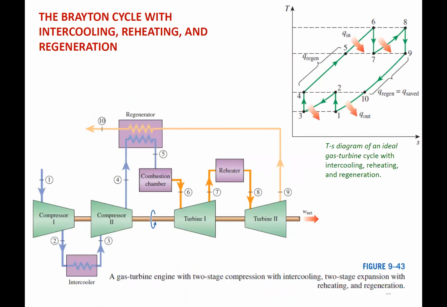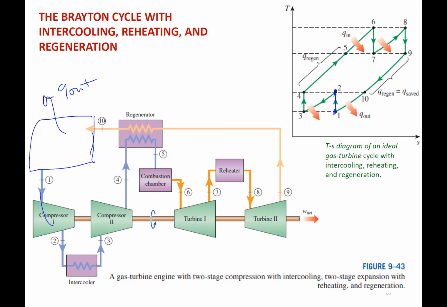All right, so now I heard you guys say it, even through your microphones, you're like, give me more states. So we have 10 states. Here's our heat out. We have all these different states, and we work our way through. State 1 is our compressor, so we isentropically compress to state 2.